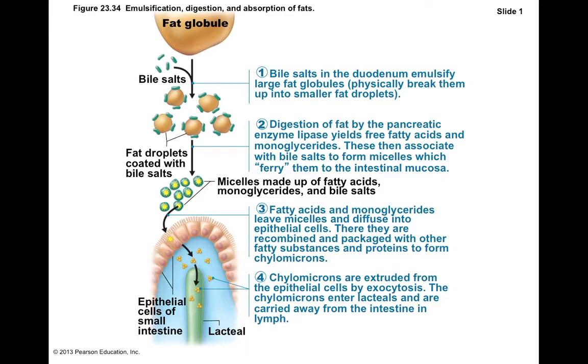So what if you didn't have bile? What would happen to you guys? You wouldn't digest fat as well, definitely. Let's think about why that would be. If you don't have bile, because maybe there's a bile duct obstruction or you have liver failure, we know you wouldn't digest fat as well. And we know that bile salts emulsify. Could you still digest fat though?